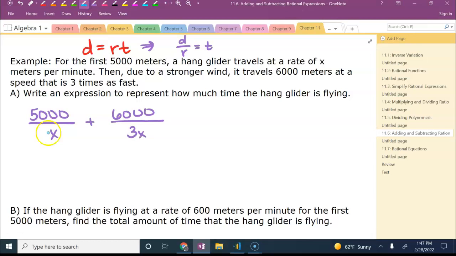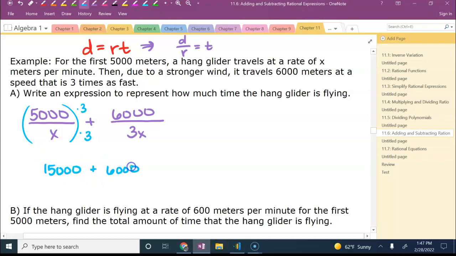Now if you look, the first one just has x and the second one has 3x. So I need them both to have 3x. The first one's just missing the 3, so I'm going to multiply the top by 3 and the bottom by 3. So that's going to be 15,000 for that first fraction, and then we still have plus 6,000 over our common denominator 3x, which becomes 21,000 over 3x when you add the numerators.